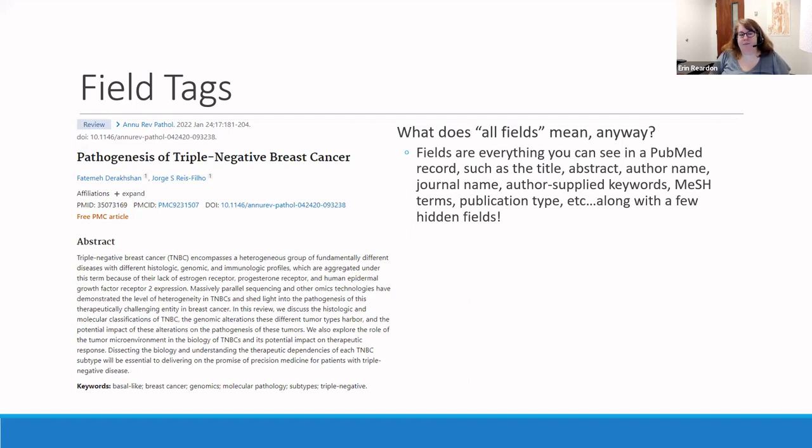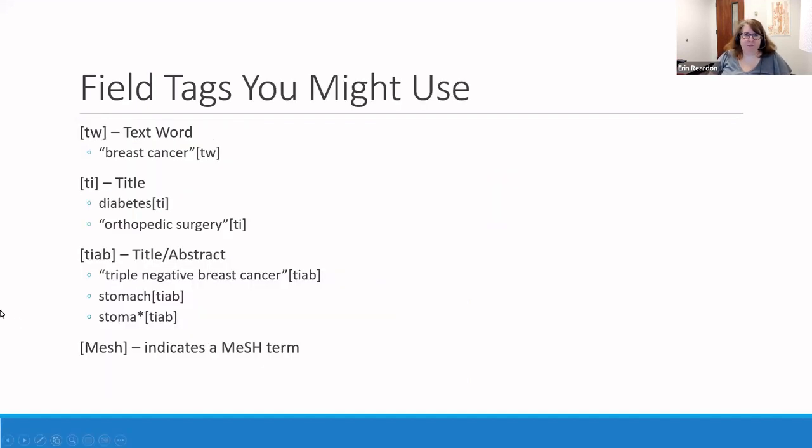But because PubMed is looking in all fields, it's going to find those articles by authors affiliated with Rice University. So if we use field tags to only look in certain places, that cuts back on all of those irrelevant articles. Here are some field tags that you might end up using.